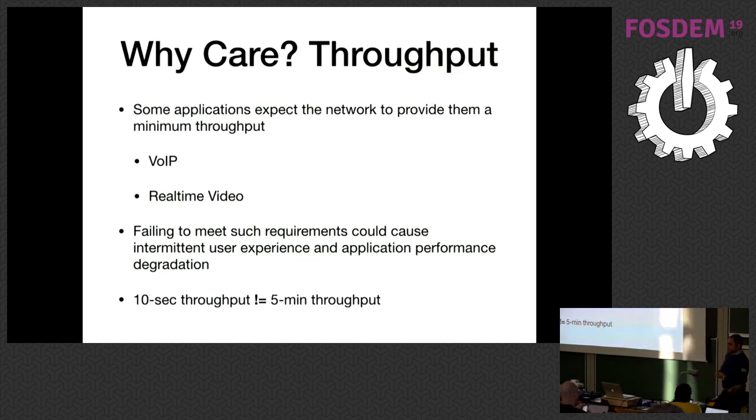This kind of application has certain requirements in terms of minimum throughput. And if we can't guarantee this kind of throughput, then the user experience can worsen, the application performance can worsen. So being able to monitor the throughput in an accurate way can help you in improving or even providing a good service for your applications.